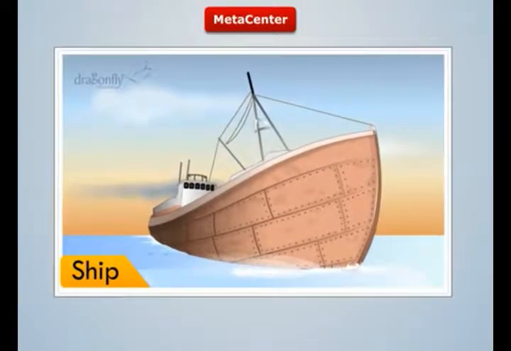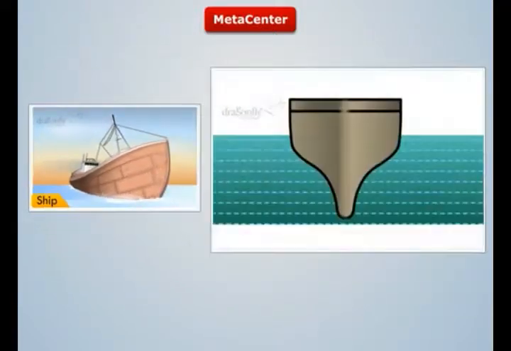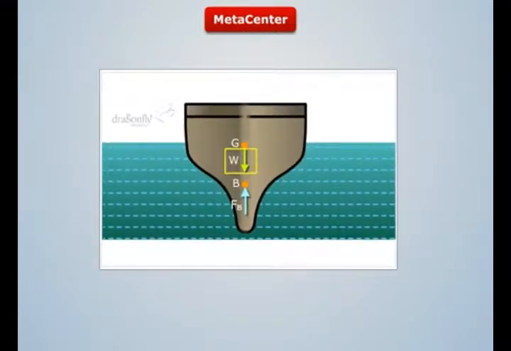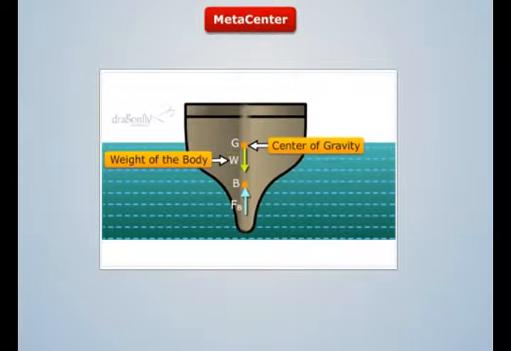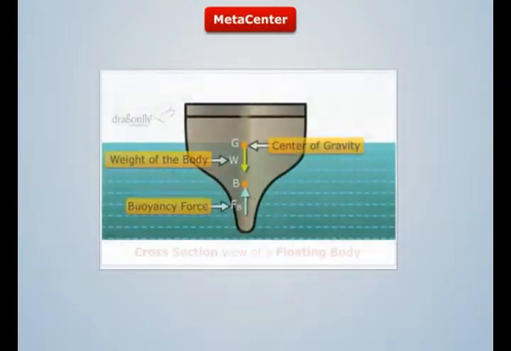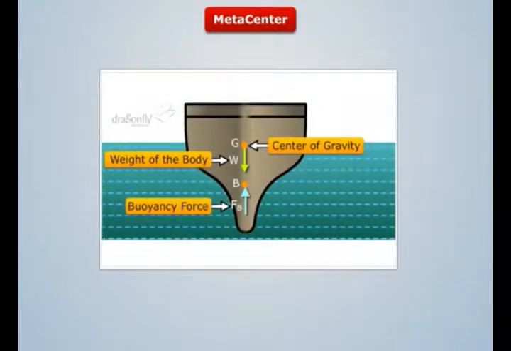When a body, say a ship, floats in water, it is acted upon by two forces: a vertical downward force of gravity, which is equivalent to the weight of the body W, acting at the center of gravity G, and an upward vertical buoyancy force Fb, which is equal to the weight of the water displaced by the immersed body, which passes through the centroid of the displaced volume of water, that is, the center of buoyancy.